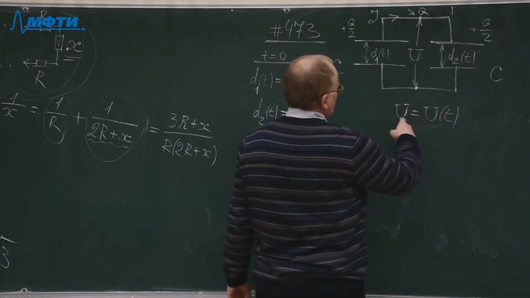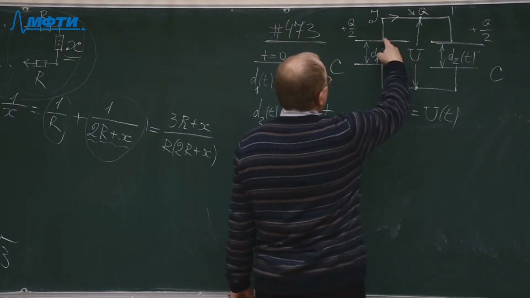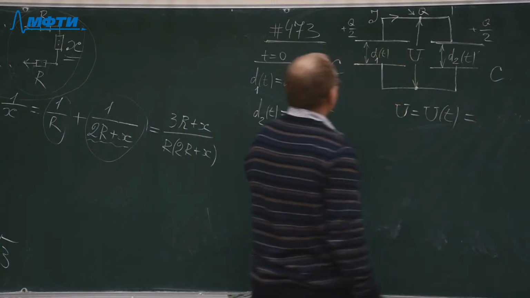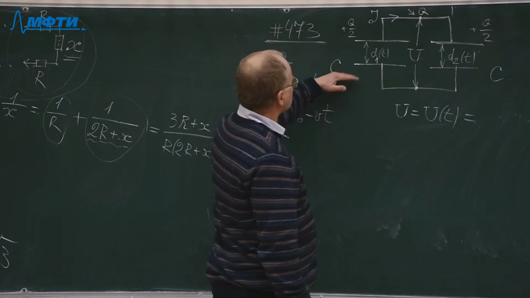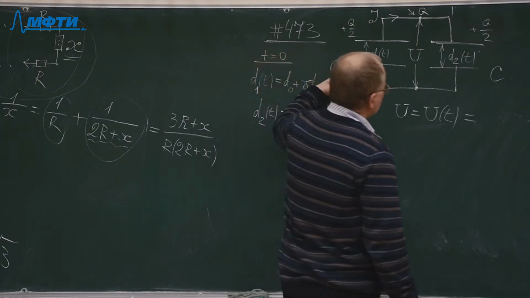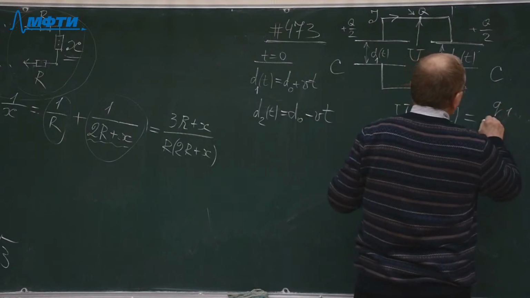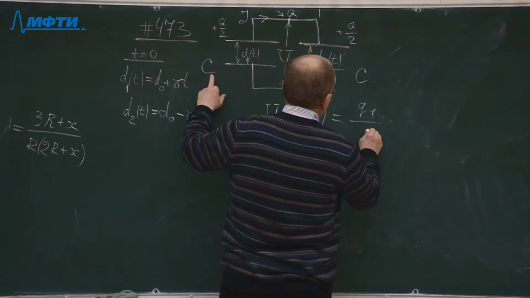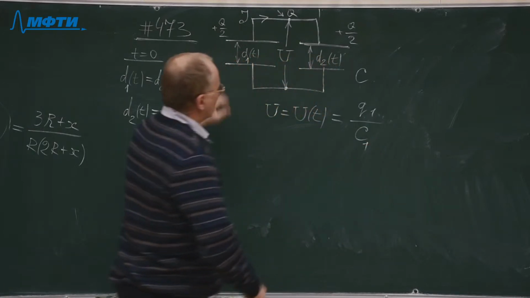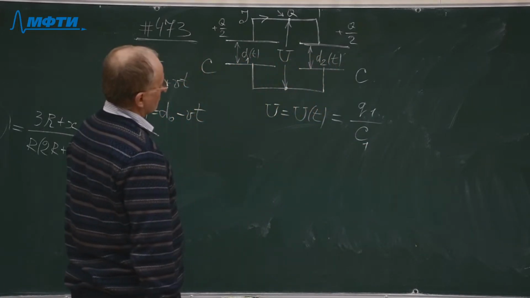And the potential difference on the plates of the first capacitor, according to the definition of capacitance, is the charge on the first capacitor divided by the capacitance.